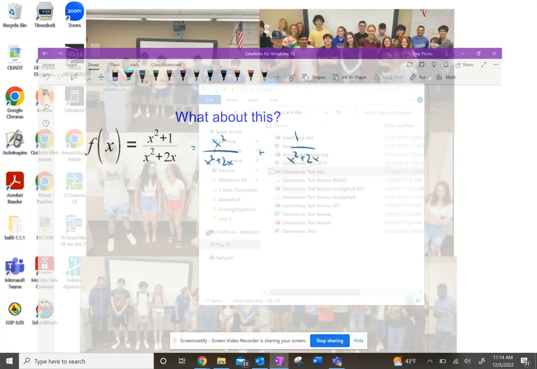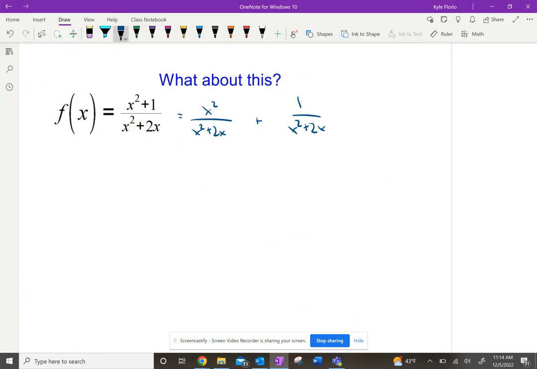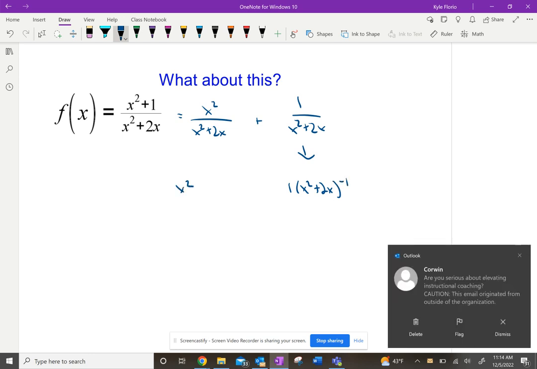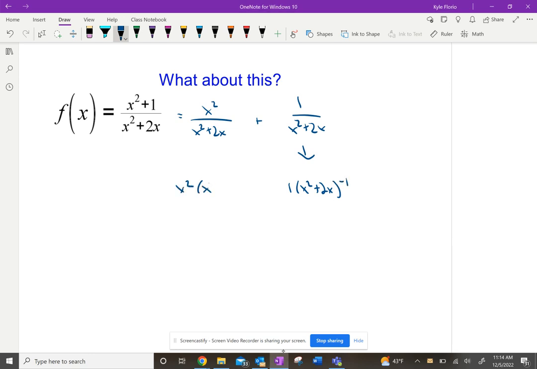So they have the same denominator. But again, that doesn't really help me here. I can rewrite this as 1 times x squared plus 2x to the negative 1 and x squared times x squared plus 2x to the negative 1. Again, we have a product here, and we also have a function inside of a function to the negative 1. There's a lot of issues with this.